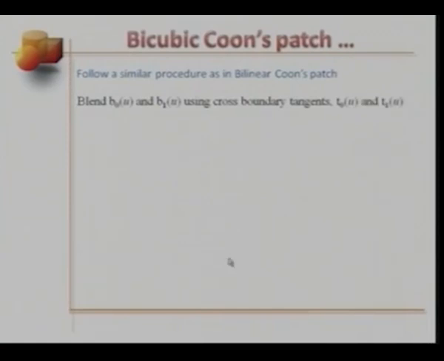As I mentioned before, we'll follow a very similar procedure as in the bilinear Kunz patch to blend two bounding curves, B0 of u and B1 of u, using cross boundary tangents T0 of u and T1 of u, to get R1 of uv equals phi 0 of v times B0 of u plus phi 1 of v times B1 of u plus phi 2 of v times T0 of u plus phi 3 of v times T1 of u.